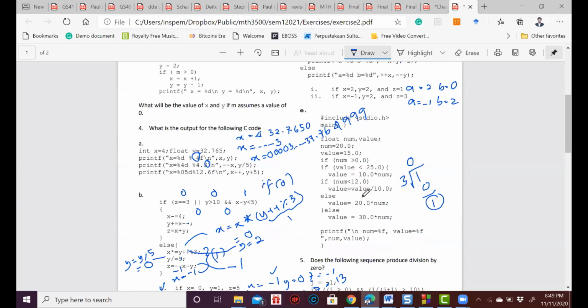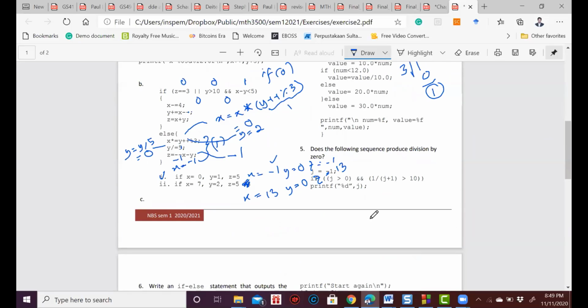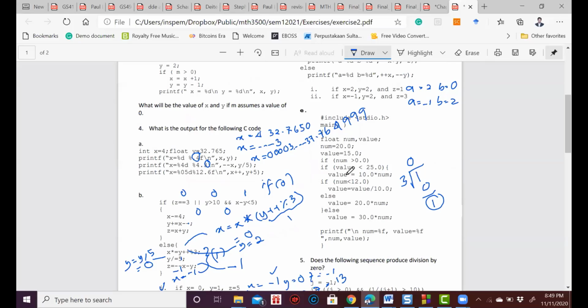Okay. And then E, what is the solution? E this one is the solution, E should be now 20,000.